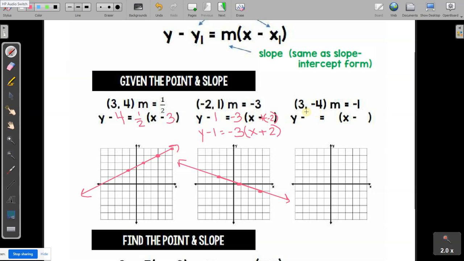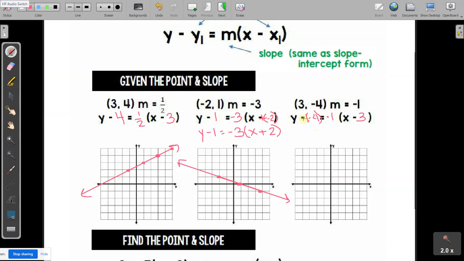We have the point 3, -4, and a slope of -1. So you have y minus y1, which is -4, equals m, which is -1, times x minus x1, which is 3.